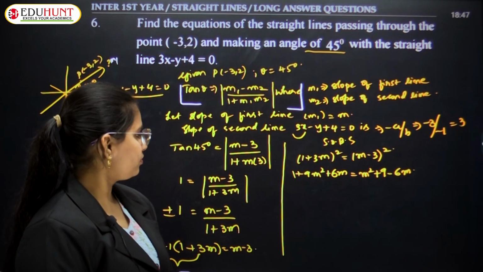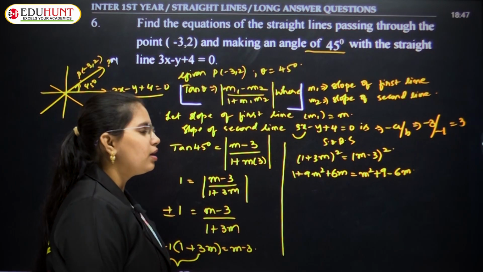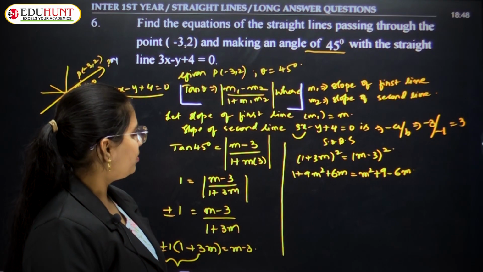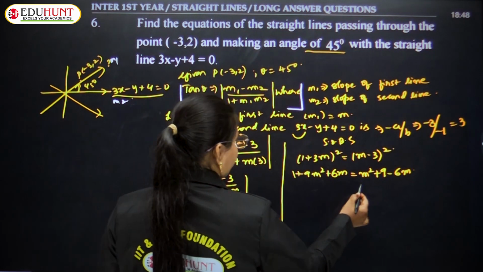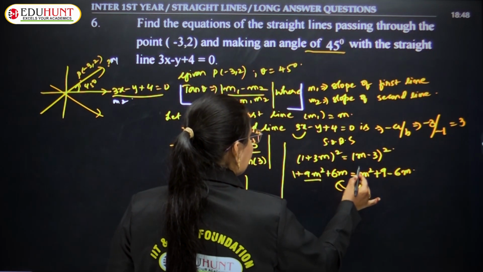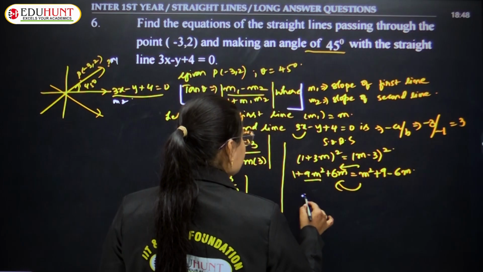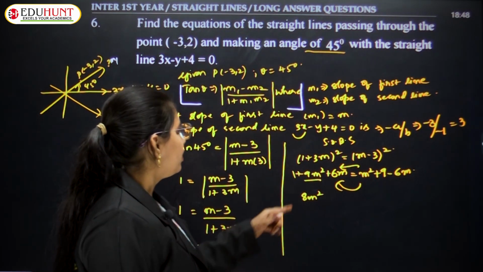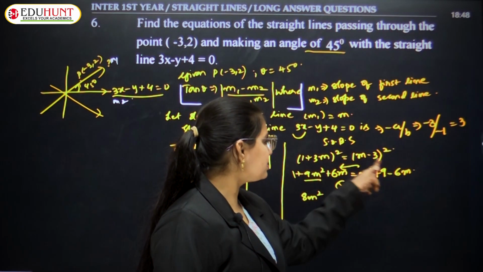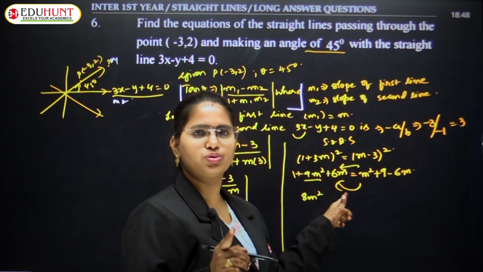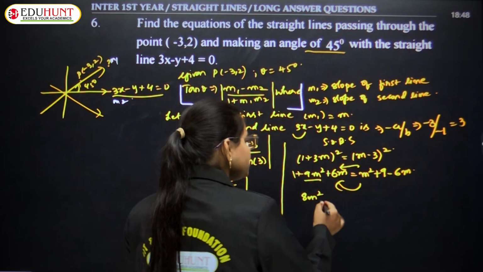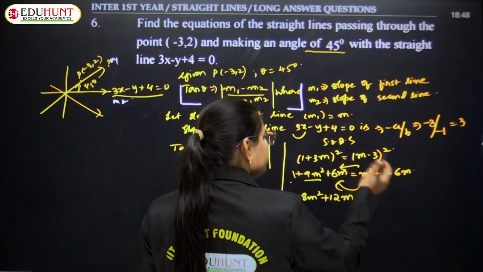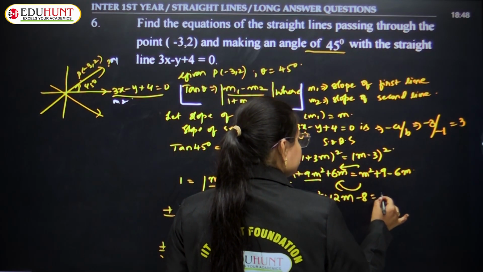Let us cancel similar terms on both sides. Rearrange: 9m square minus 1m square becomes 8m square. Then the minus 6m transformed to the other side becomes plus, so 6m plus 6m becomes 12m, and 1 minus 9 becomes 8.